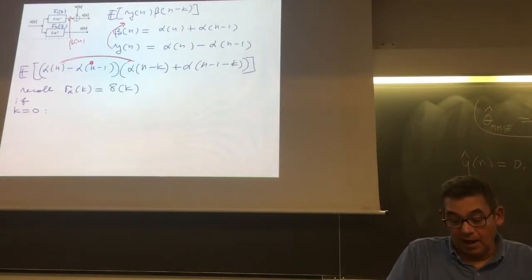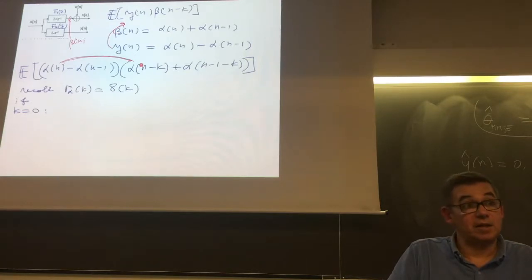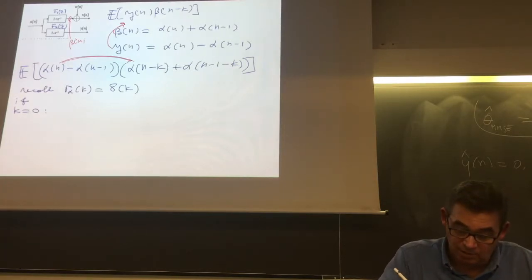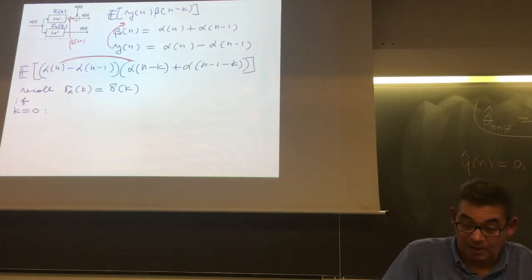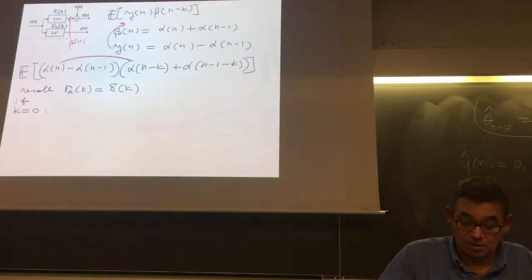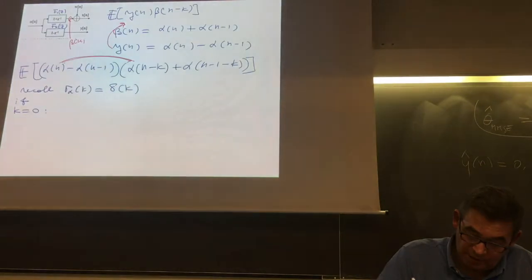Then alpha n minus 1 with alpha n is uncorrelated, 0. Then alpha n with alpha n minus 1, 0. Then alpha n minus 1 with alpha n minus 1, which is 1. So if k is equal to 0, this is 1 and this is minus 1. So for k equals 0, the correlation here is 0.